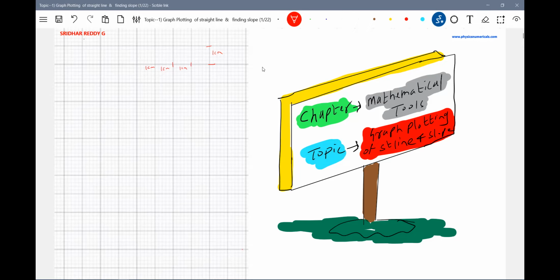Why do we have to use graphs? First topic: why have we picked up this one only? So what is basically a graph?